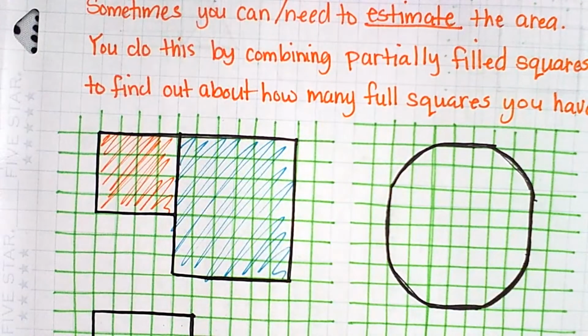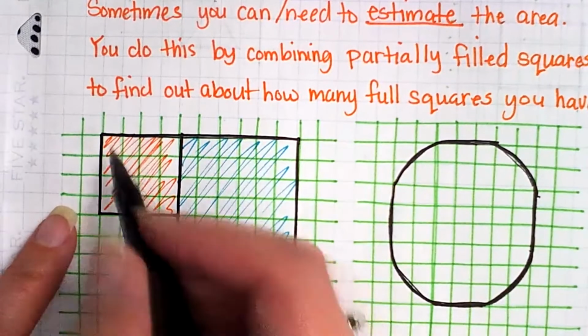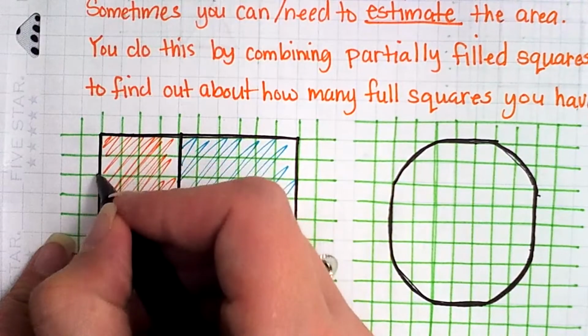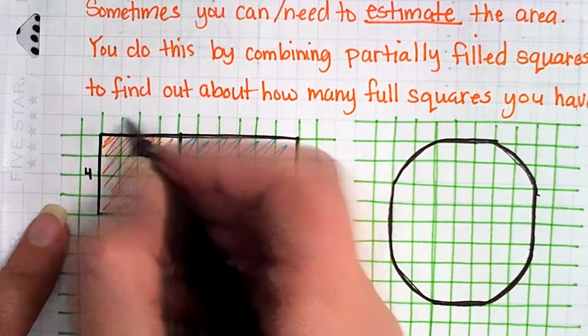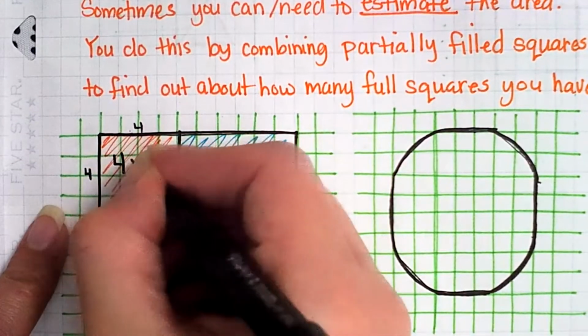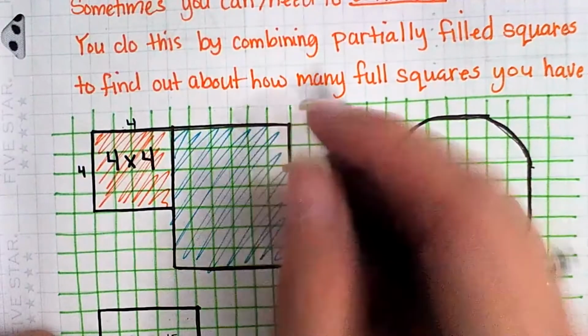That way they're easy for me to separate and see. Now I'm going to treat these like different shapes. So I'm going to find the length and the width of this one to multiply. So this is 1, 2, 3, 4 on this side, and 1, 2, 3, 4 on this side. So this is a square, right? So to find the area, I need to do 4 times 4.